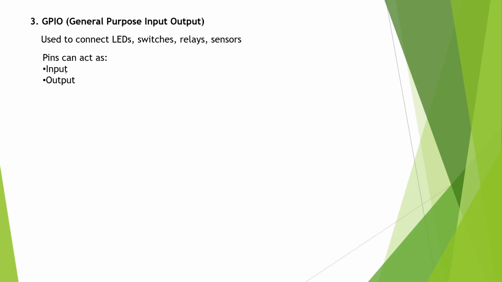Here we are talking about input and output. These are the modes, not the states. When we talk about states, there is 0, 1, and high-Z, which is neither 0 nor 1.